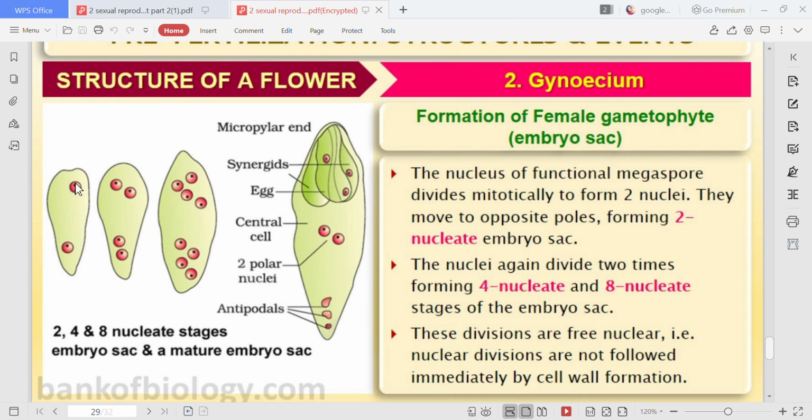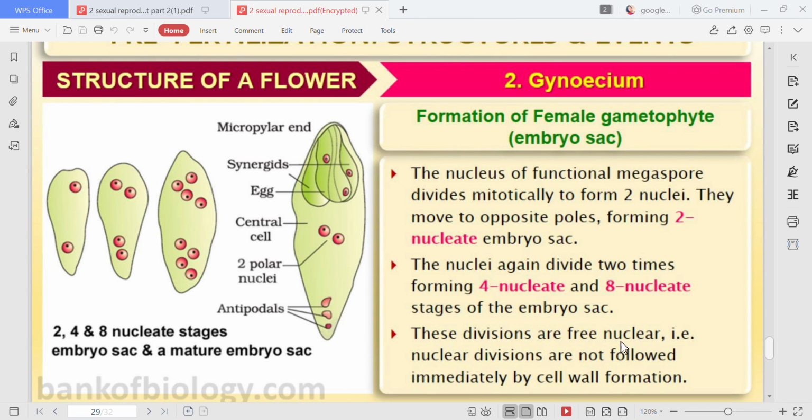First, one single nucleus divides into 2, and they move towards the opposite poles. Then we get the 4-nucleate stage, and then the 8-nucleate stage of the embryo sac. These divisions are free nuclear.